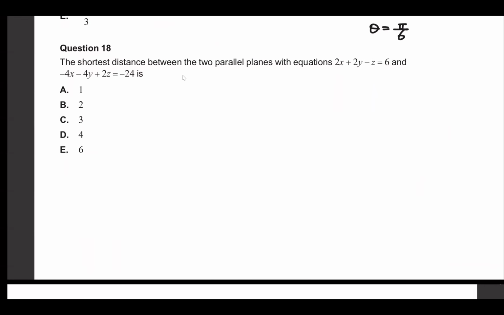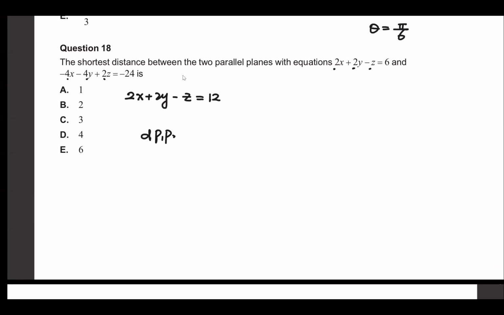All right, the shortest distance between two parallel planes. To get the calculation more consistent, I will divide the equation with larger numbers. Let's say by -2, you get 2x plus 2y minus z divided by -2, that is 12, okay? So eventually, we could use the formula.